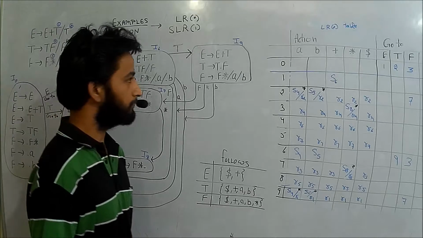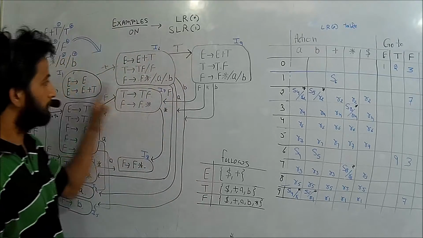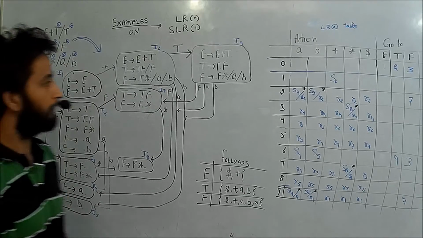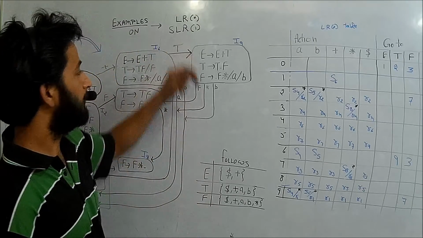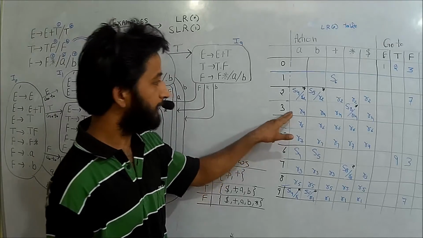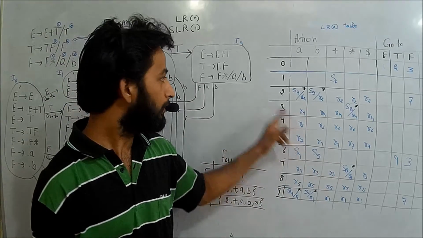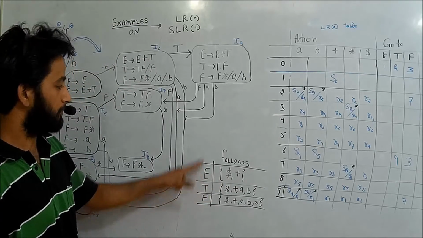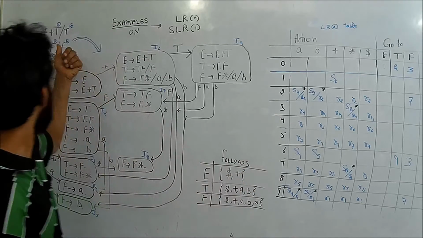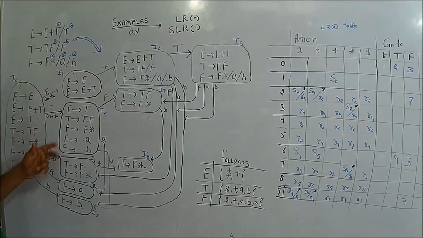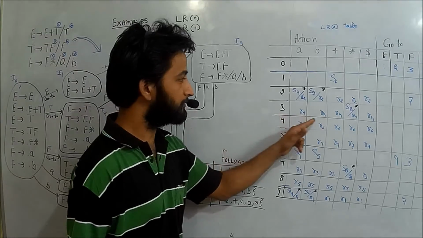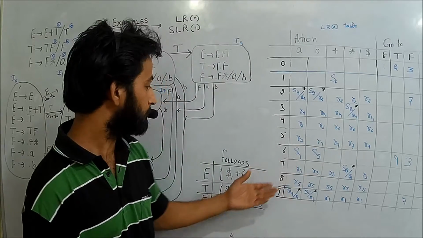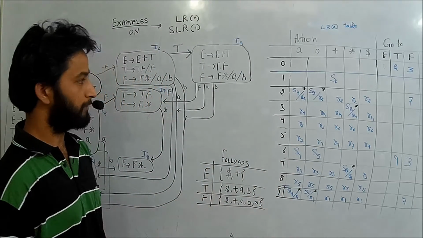Okay, so now I will check the same canonical collection for SLR1. In the case of SLR1, instead of placing the reduce move in the whole row, I will put the reduce move only in the follow of the production. This one is the follow of these non-terminals. So instead of placing the reduce move in the complete row, I will place it only in the follow of the production.